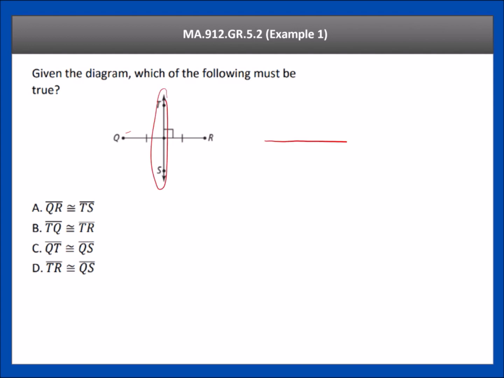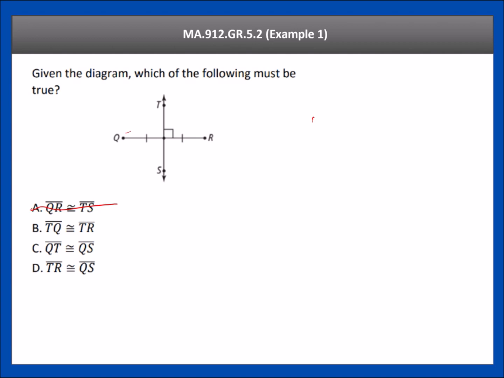I could just as well have done this, which is shorter, and that's still a perpendicular bisector as long as this is a right angle and this cuts that in half. So it has the same properties as this one, but it has a different length, right? So this doesn't necessarily have to have the same length as this. So this is not true in general.